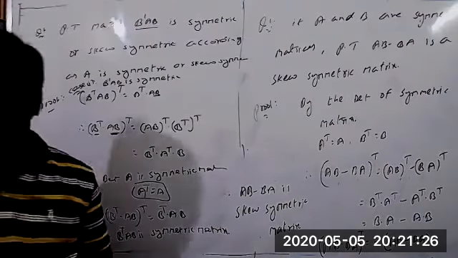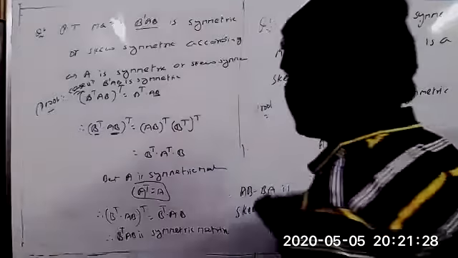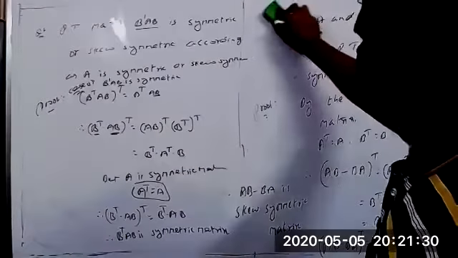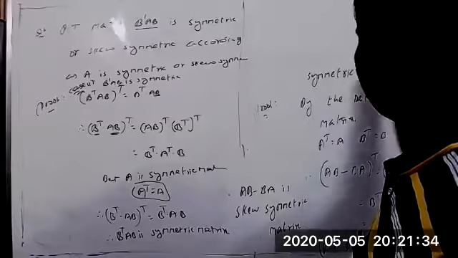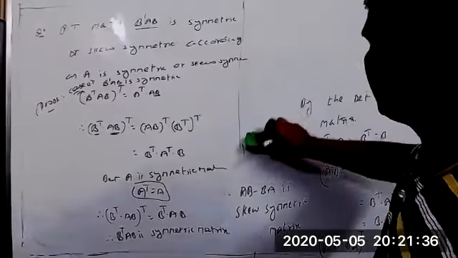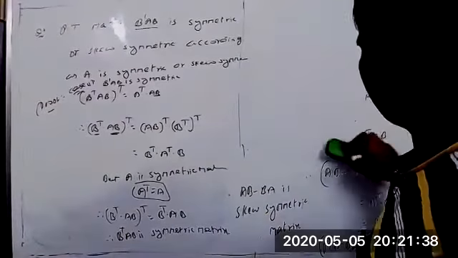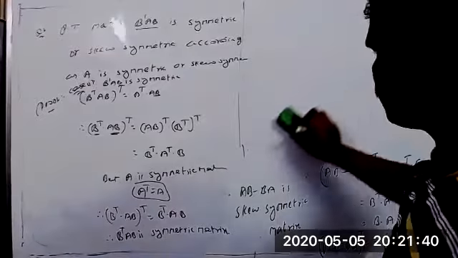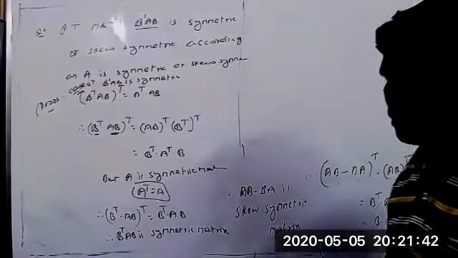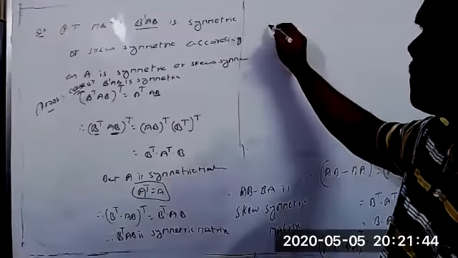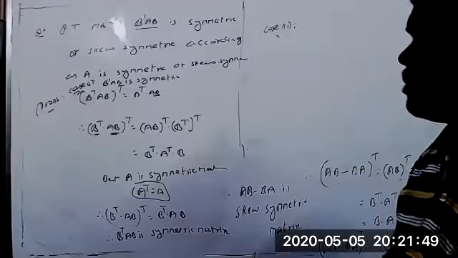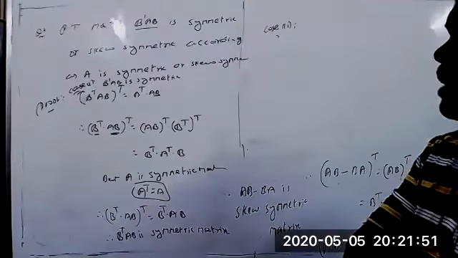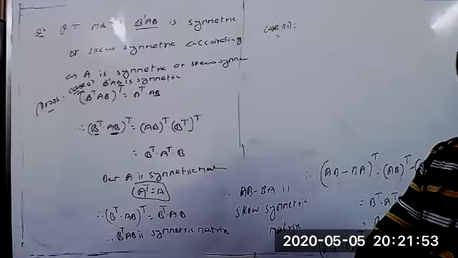And coming to the second case now. Case 2, we have to prove that B dash AB is a skew symmetric matrix.